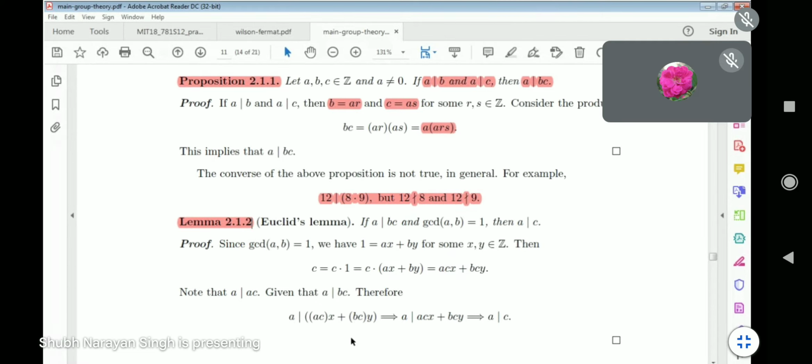In this case, the divisor A divides another component C of the product. So this is one of the celebrated results of number theory.